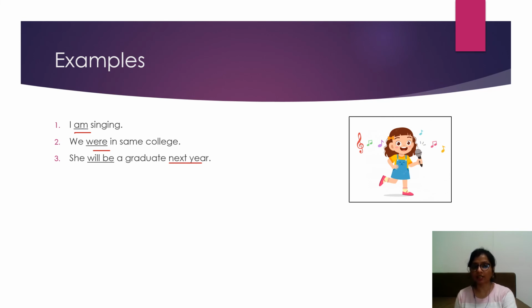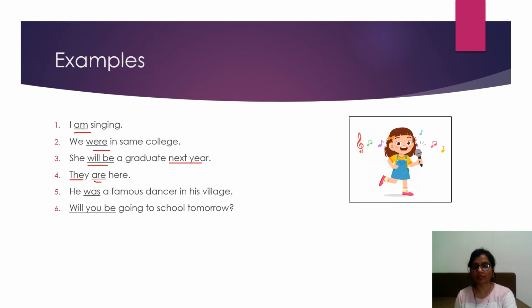Next year means a future event, hence future tense. They are here. Now this is plural noun, that is why we have used are here, and this is talking about present tense. He was a famous dancer in his village, talking about a past, that is why was.